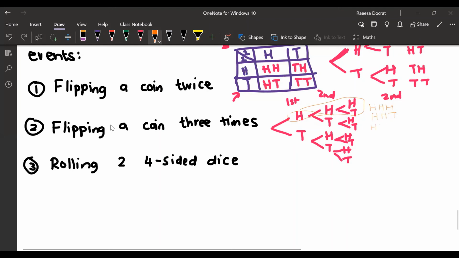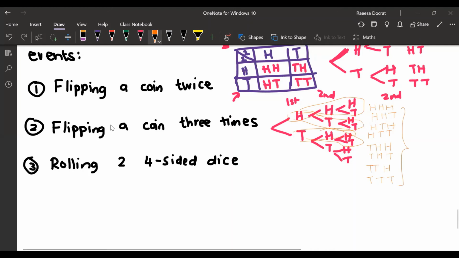So you could get heads, tails, heads, and heads, tails, tails. So we finish with this whole path. And then we move on to this one here. So we get tails, heads, heads, and tails, heads, tails. And then we're done with that piece. So let's go to the last one. So we get tails, tails, heads, and tails, tails, tails. So we have 8 outcomes from flipping a coin 3 times.